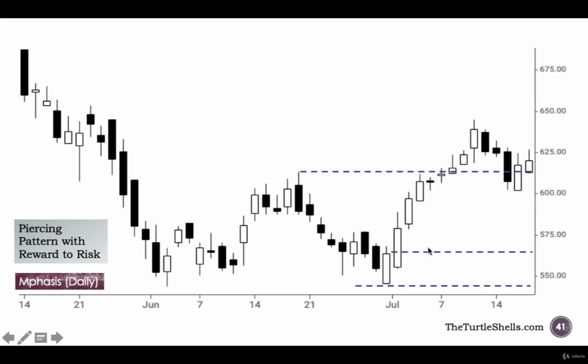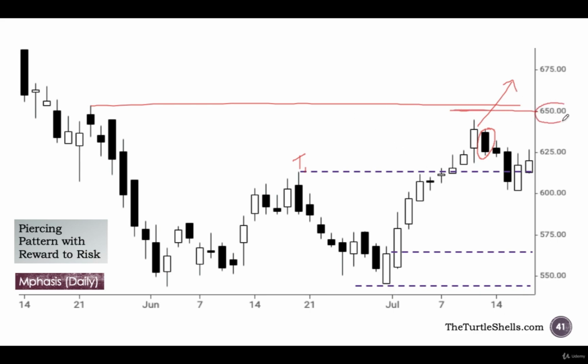So in this case, the trade has worked out fine. It has managed to reach our first target, but it's nowhere near our second target. The black candle here gave us the assurance that the price is not crossing this line. And you notice that there is 650 level here, which is a round number in a sense. It ends with 50.